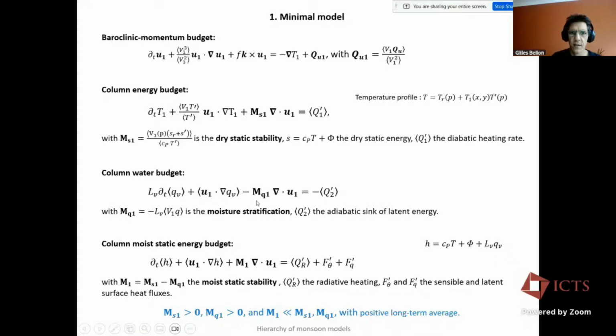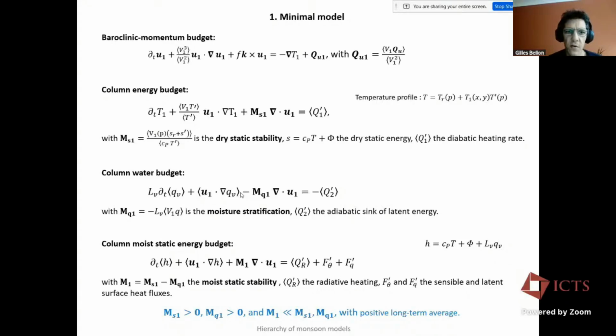And in the same way, we usually take it with the opposite sign here. You have a minus. So this MQ1 here is the moisture stratification, which is the equivalent of MS1, the dry static stability, for humidity. And it's taken with the opposite sign just so that the parameter is positive.